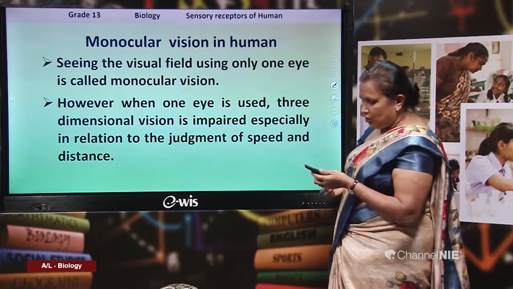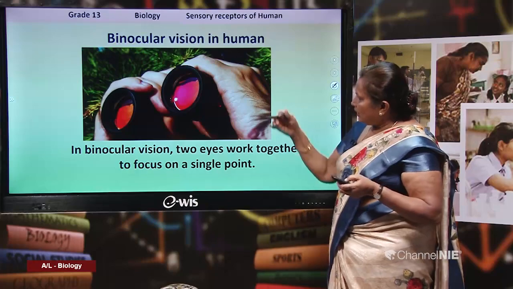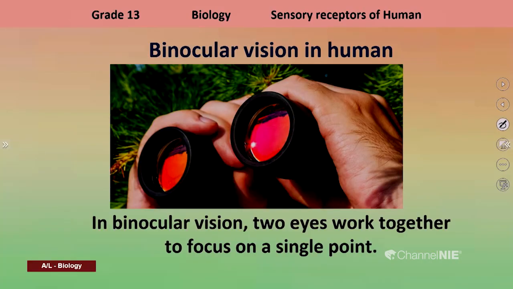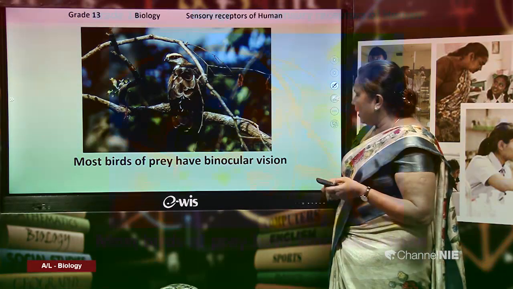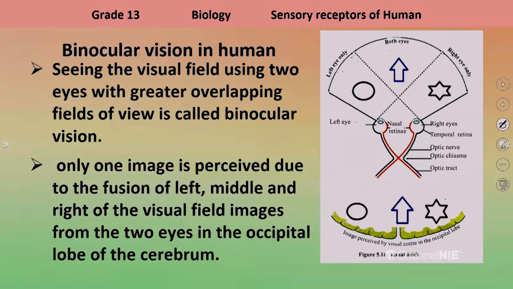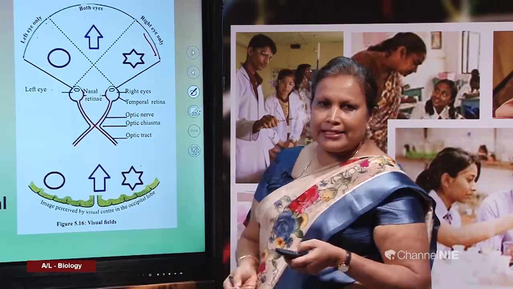But in our vision, this is what we can see in binocular vision. When we are using both eyes, you can obtain the binocular vision or the three-dimensional view. The birds of prey have binocular vision. Binocular vision in humans: you can see here, the left eye sees more on the left side, the right eye sees more on the right side.